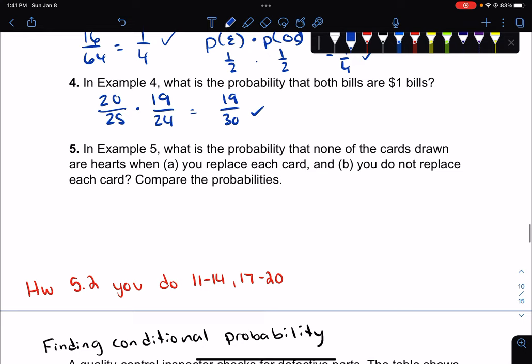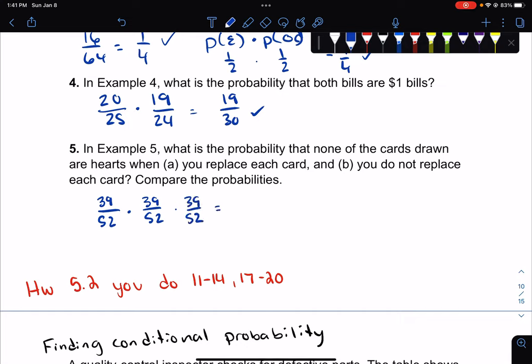In example 5, what's the probability that none of the cards are hearts, when you replace and when you don't? Okay, 52 cards. If none of them are hearts, that means I've got 39 that are not hearts out of 52. And I'm going to do that 3 times because each time I'm going to put it back, right? 39 out of 52, 39 out of 52, 39 out of 52.